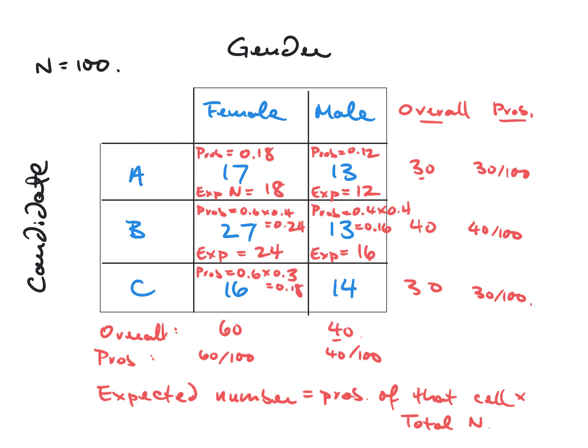So we would expect 18 people. And then finally, probability of being male is 0.4, probability of liking candidate C is 0.3, so the probability of both is 0.12, and the expected number is 12.